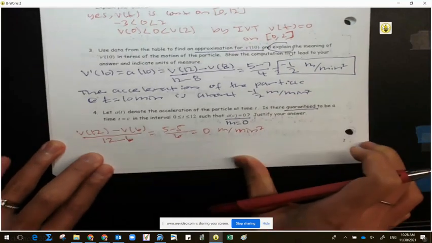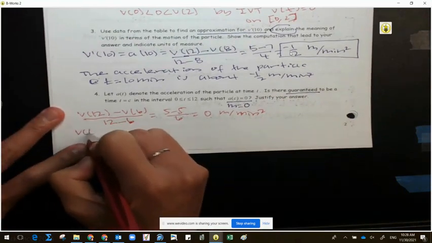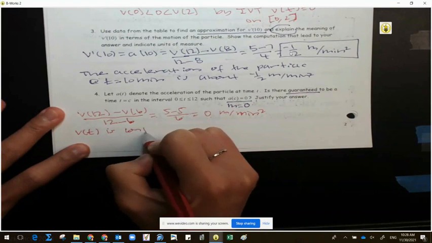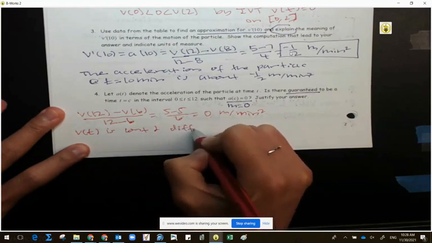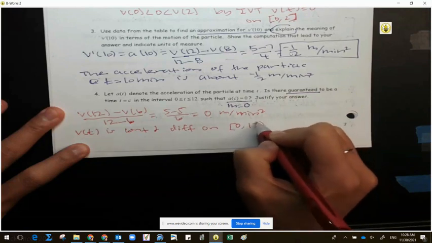So let's go ahead and write out some of the conditions. We know V of t is continuous and differentiable on the interval stated initially, 0 to 12.